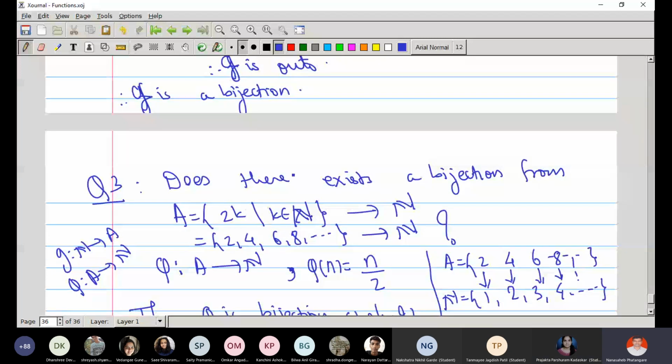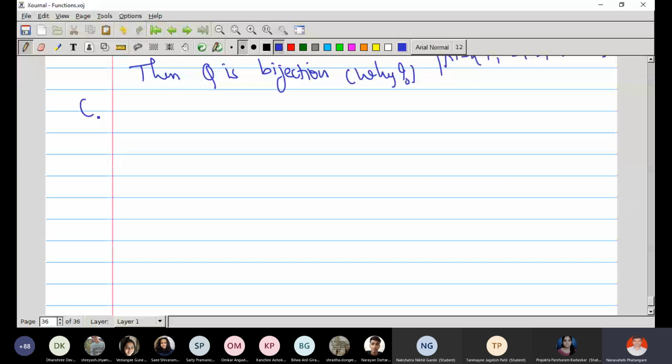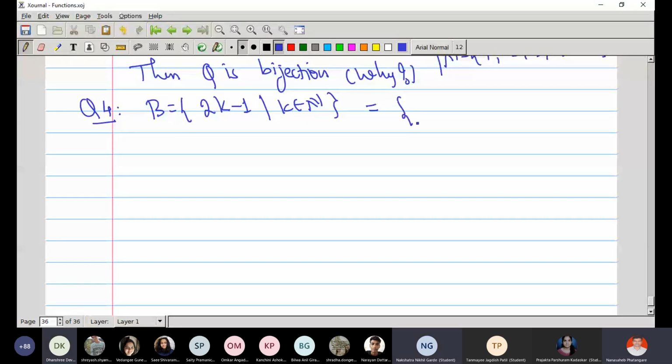Okay, I will now ask the next question because we are going to achieve something which is a stronger result. So B is equal to... what is this set? Set of odd natural numbers, all odd natural numbers.